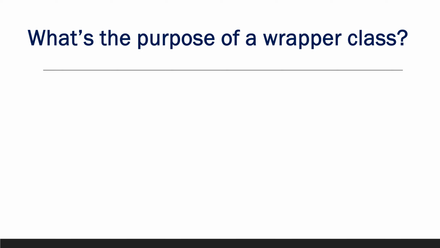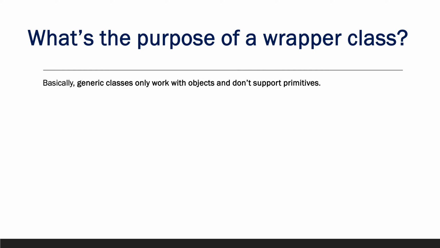There are lots of purposes in Java where we need to wrap a primitive data type to make it an object. So let's see a couple of points. Generic classes only work with objects and don't support primitives.